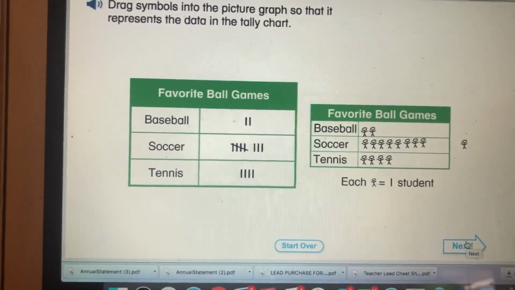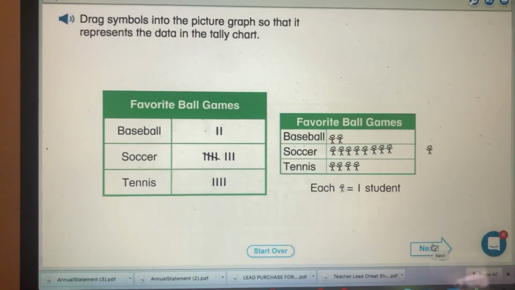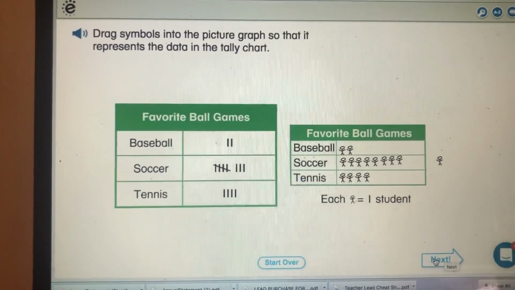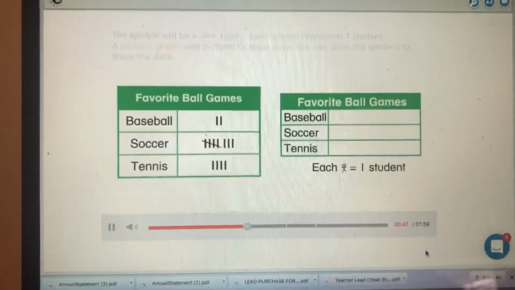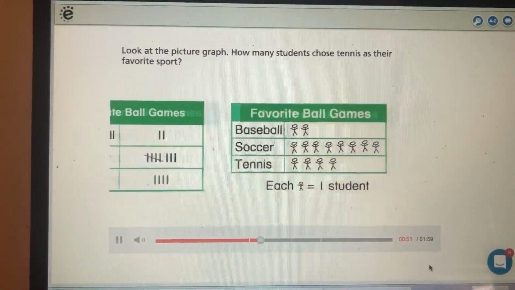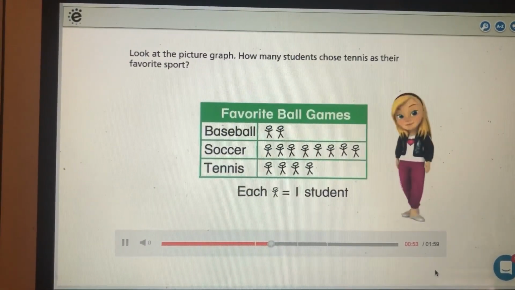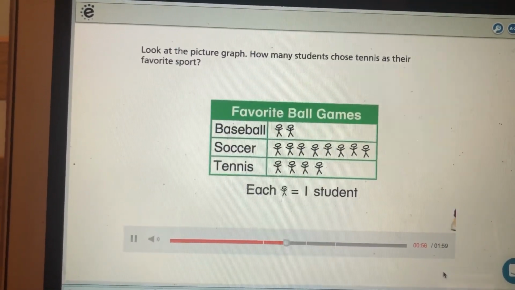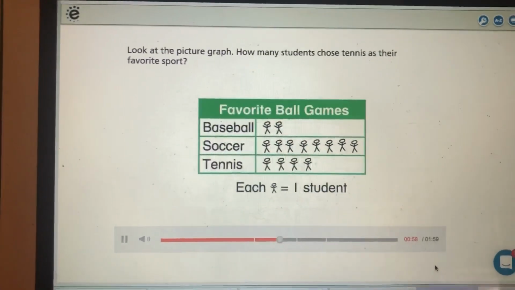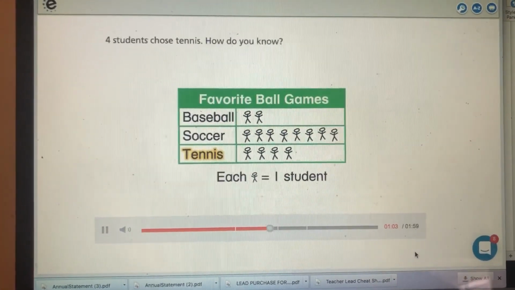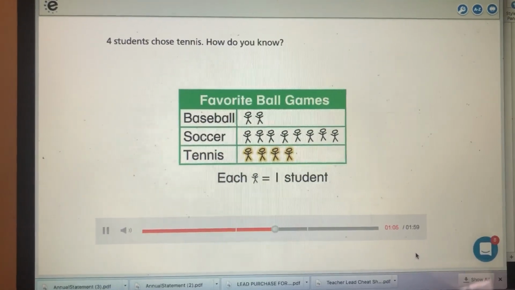When you pick a symbol for a picture graph, make sure you're drawing a simple picture. It should be a quick sketch of whatever symbol you choose. Look at the picture graph. 8 students chose soccer. How many students chose tennis as their favorite sport? 4 students chose tennis.